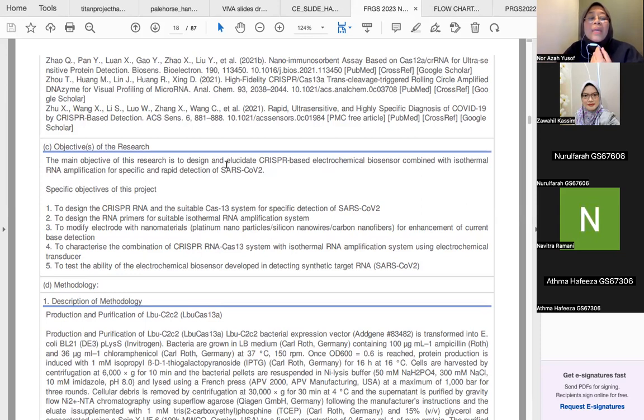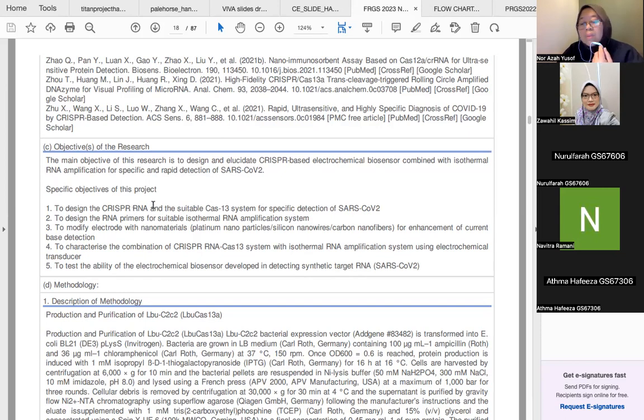And you also have specific objectives because these give the reader an idea of what you actually want to do during your research, during your master's, during your PhD.